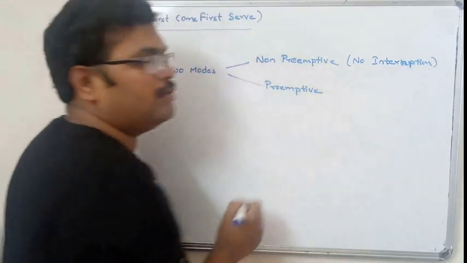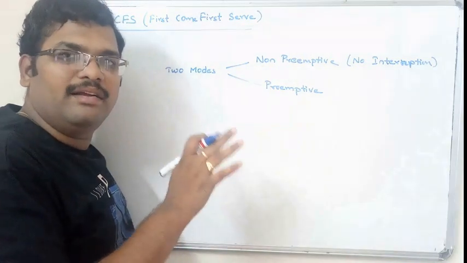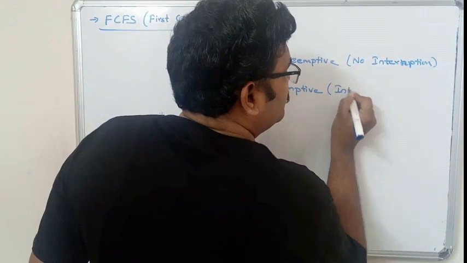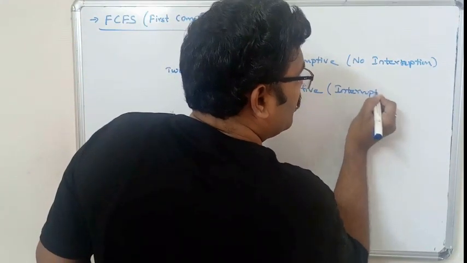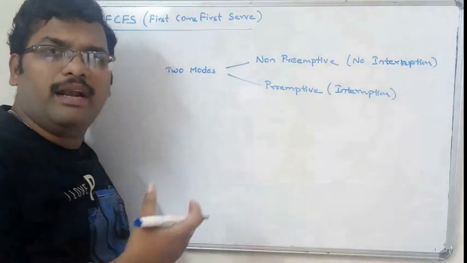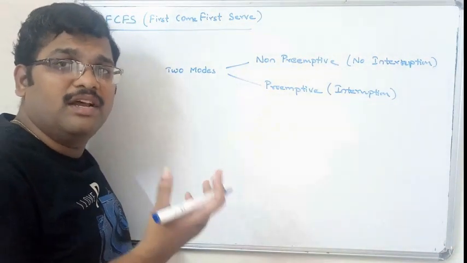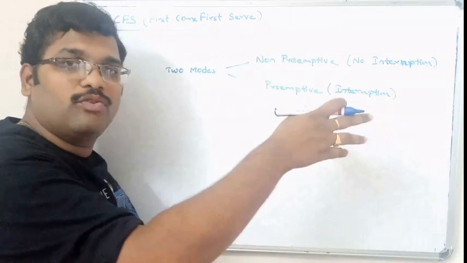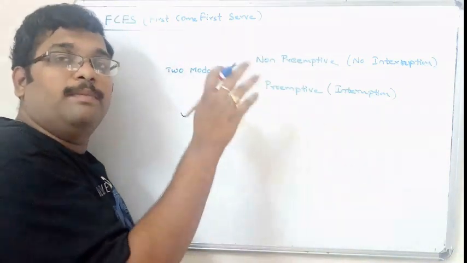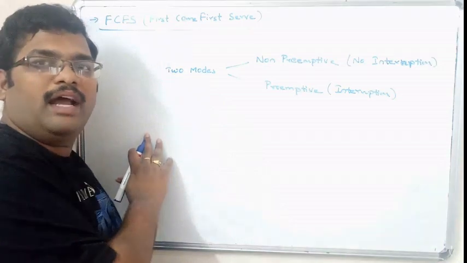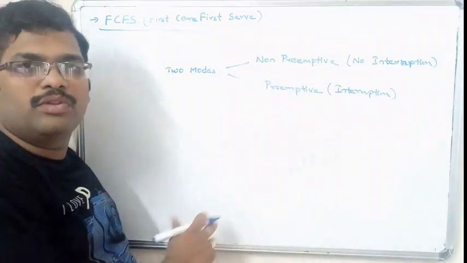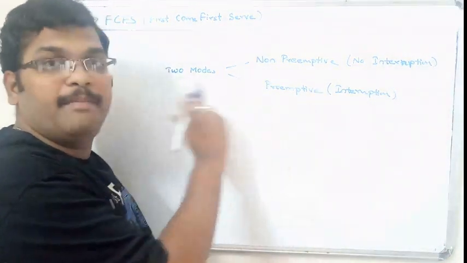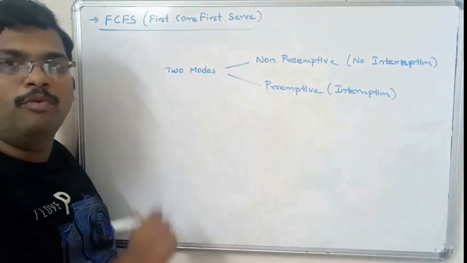There will be no interruption to the execution until it completes its execution. Preemptive, there will be interruption. If any process with a high priority is available, then the process which is going to be executed in the CPU will be taken back, and the high priority process will be sent to the CPU. That will be done in preemptive mode.